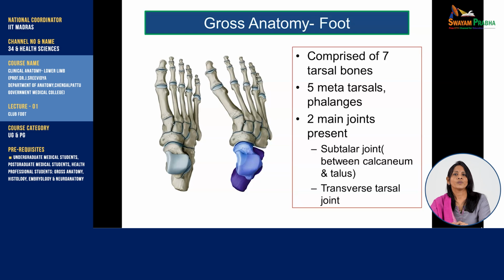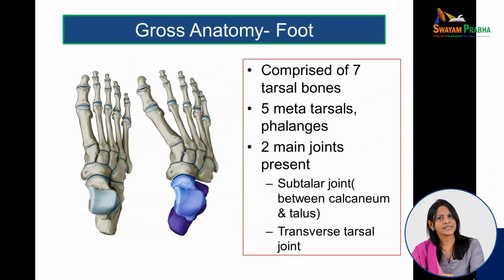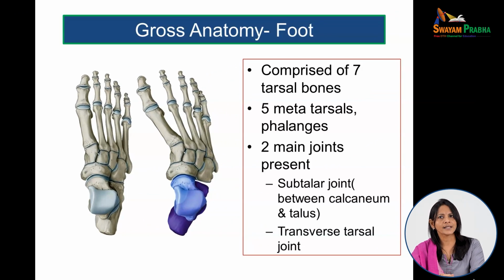But with regards to the tarsals, as against 8 carpals, here there are 7 tarsal bones. They are all slightly bigger and positioned in a different way to ensure that the main function of the foot, which is weight bearing and walking on uneven surfaces, is taken care of by the tarsal bones. So accordingly, they are placed.